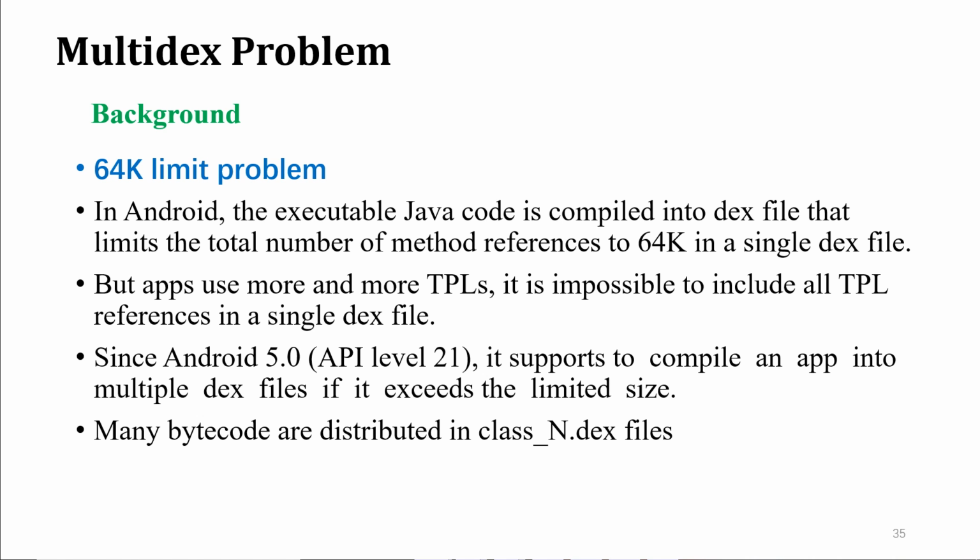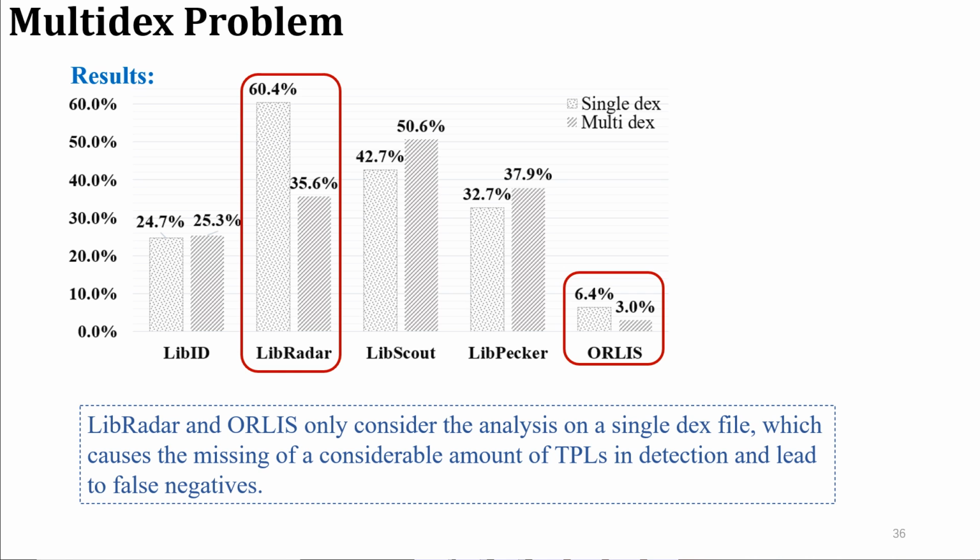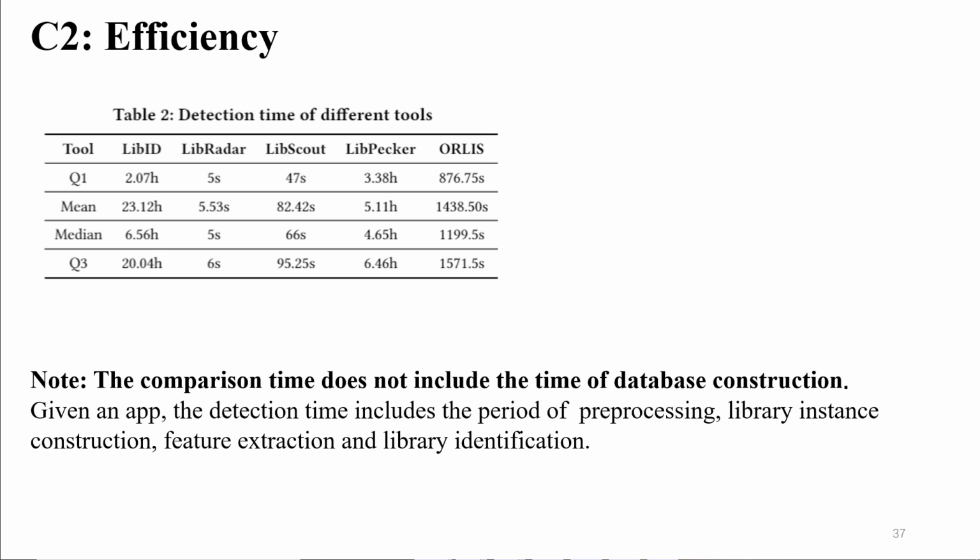Since Android version 5.0, it supports compiling an app into multiple DEX files. We found that LabReader and Aurelians only support a single DEX file and cannot handle the multi-DEX problem. Therefore, they will miss a lot of third-party libraries, which will lead to false negatives.